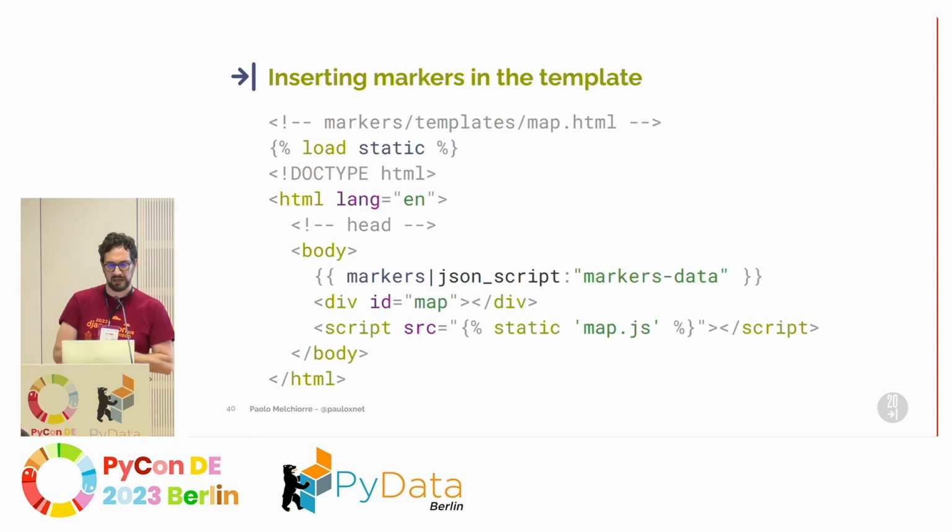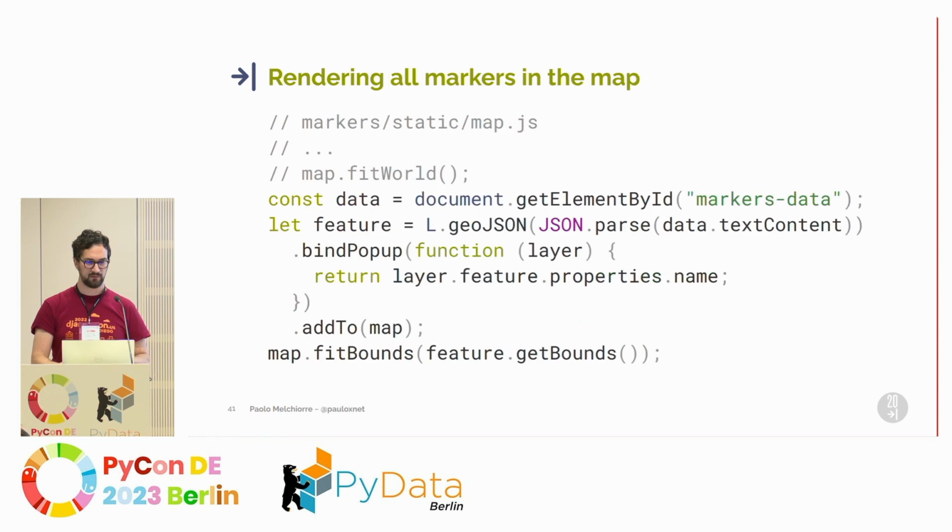Okay, now in our template we use the json_script template tag to add our markers to our page in a secure way. And now let's edit our JavaScript file and store the GeoJSON in a variable. Starting from this variable, we build a layer for our map, and we extract also the name of the single marker.